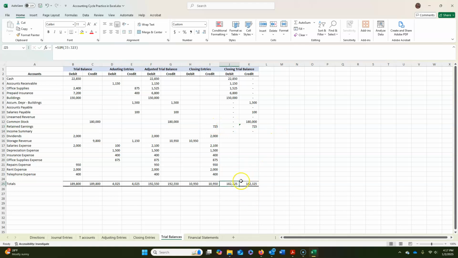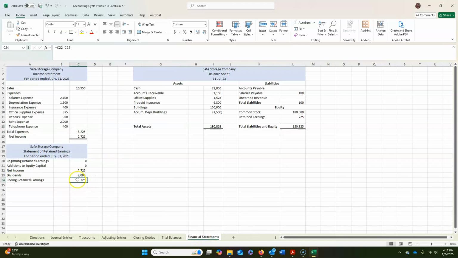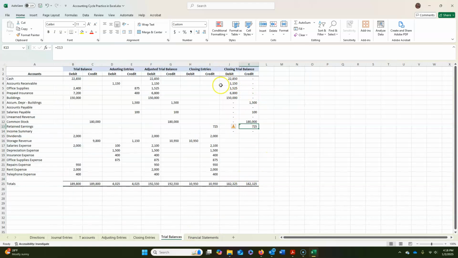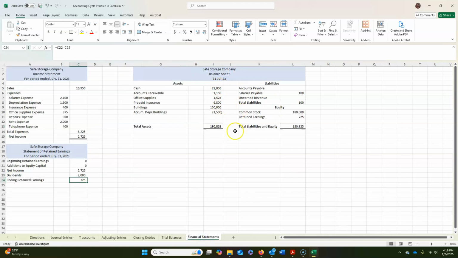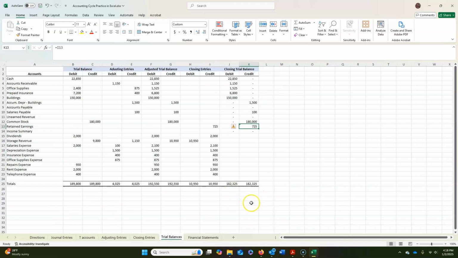Okay, and now we equal. And another way to check this, this should be the same exact amount as your retained earnings on your ending retained earnings statement. Our trial balance should be the same amount as what's on our statement, so our debits should equal our credits, and everything's good. So that is an entire accounting cycle.